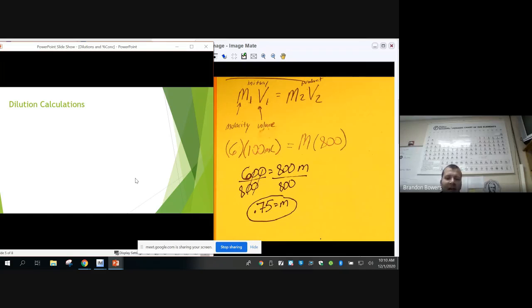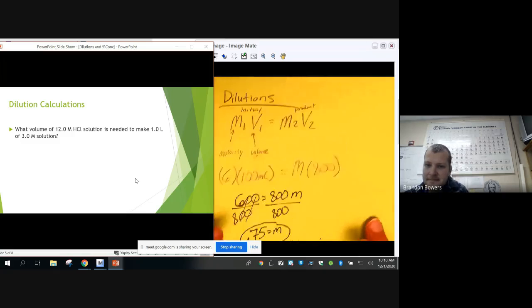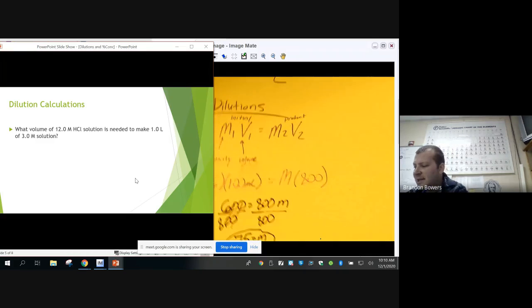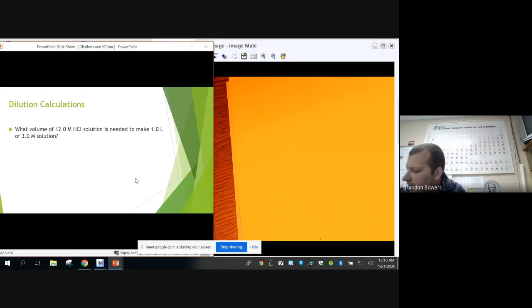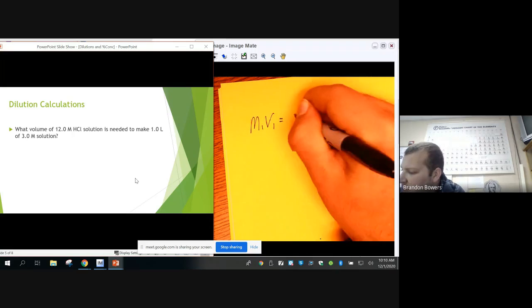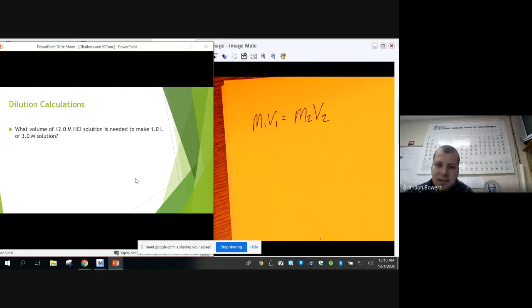Okay, so let's try another one. What volume? So I have to look at my equation again. M1V1 equals M2V2. I'm going to write that down on the next page over here. M1V1 is equal to M2V2. So what volume?